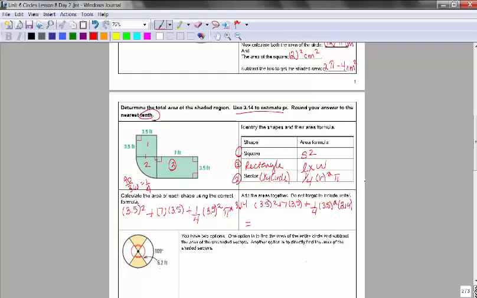And then we need to grab our calculator and put that in there. If you have the nice TI-84, you can put that in all at once.